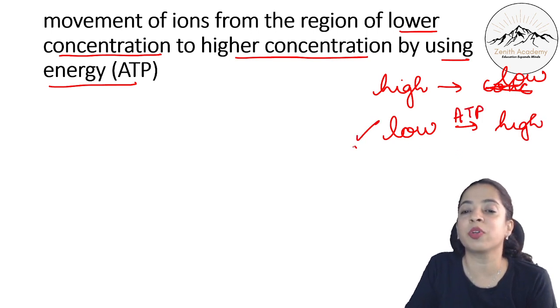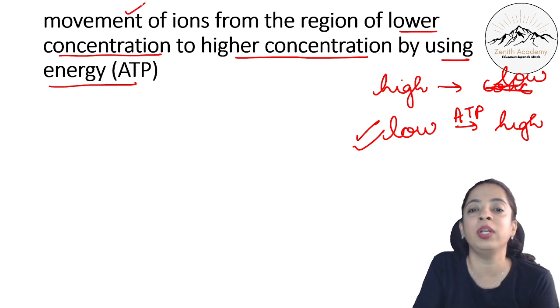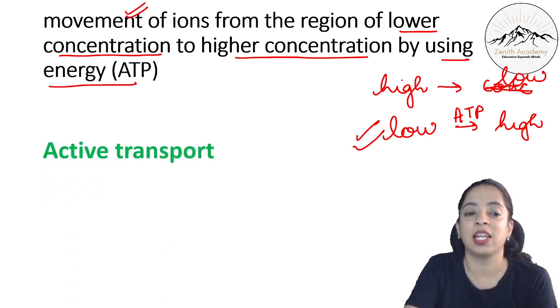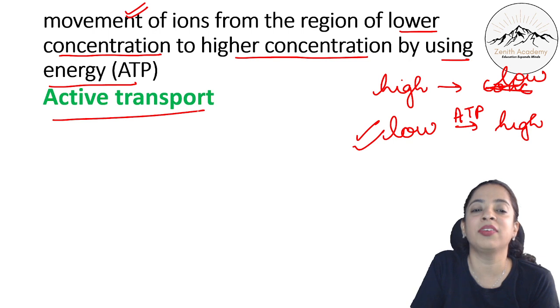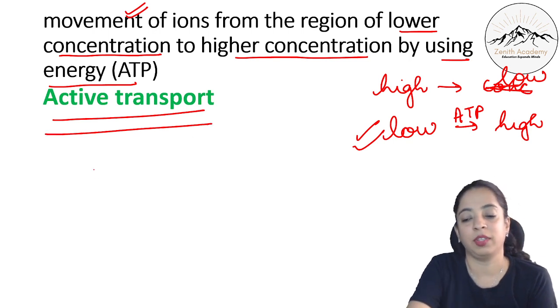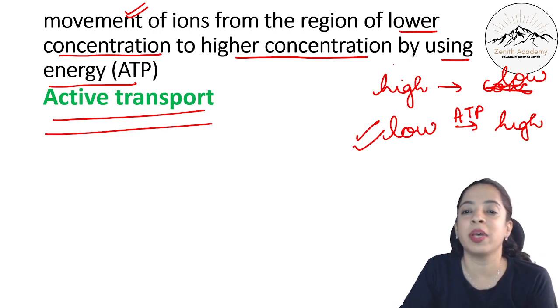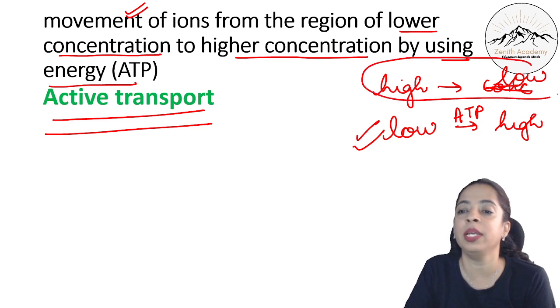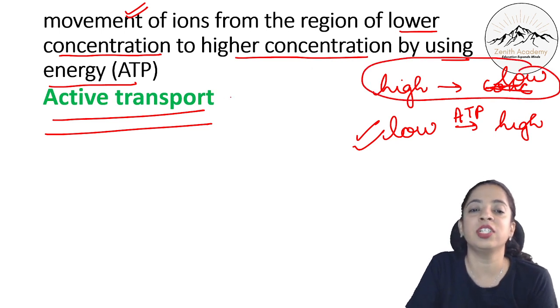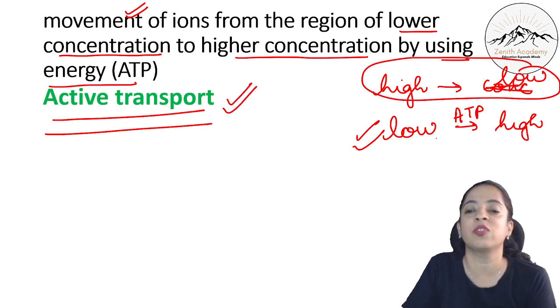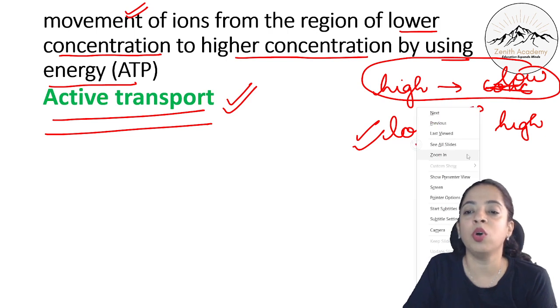So what is this process known, what is this movement of ions known as? That's known as active transport. Okay, this was passive transport which happened usually, and by using energy active transport takes place where it moves from low to high.